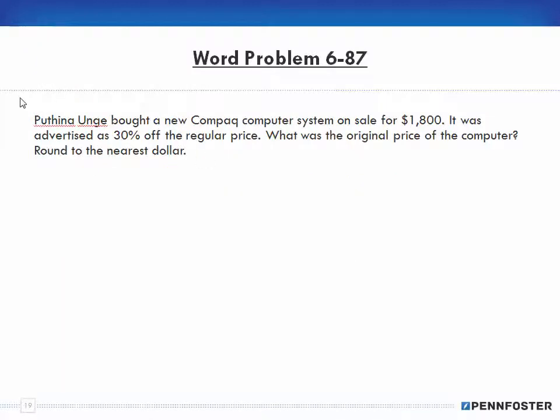Right, 6-87. I'm not even going to pronounce that name. A new compact computer system on sale for $1,800. It was advertised as 30% off the regular price. Okay, so he's buying it at $1,800, and that was at 30% off the original price.